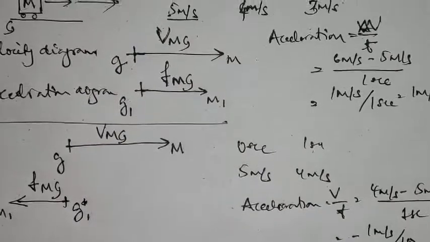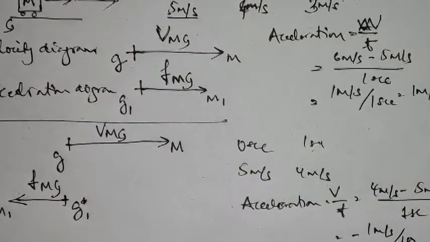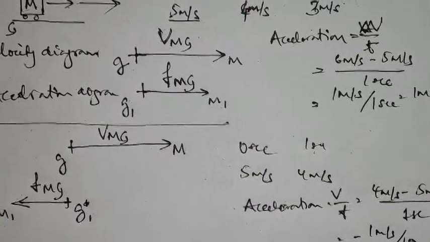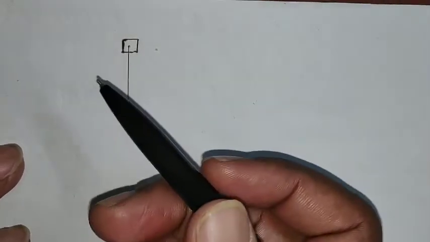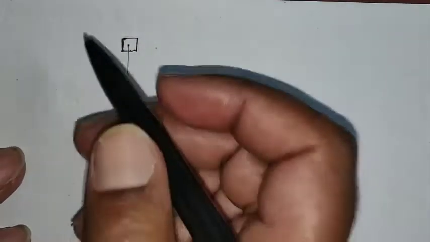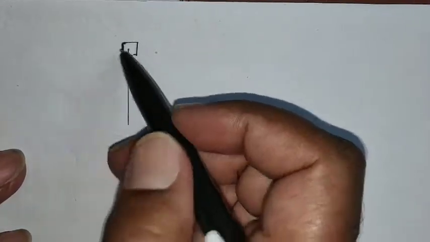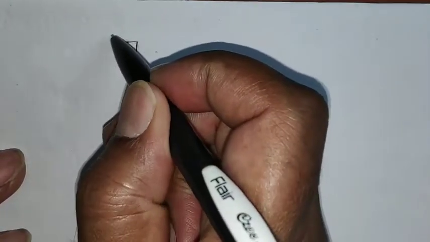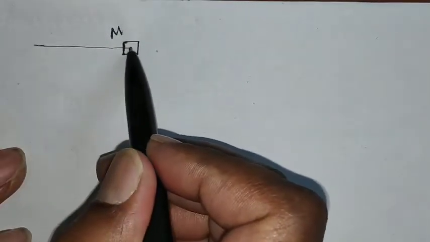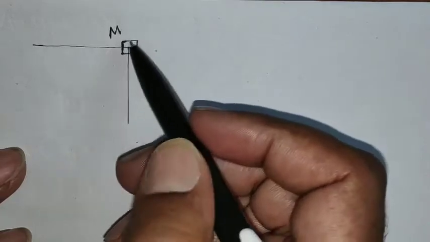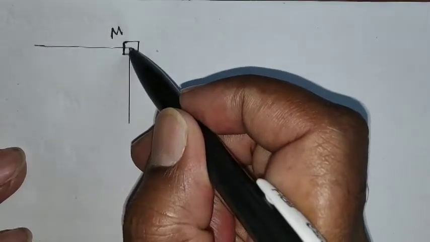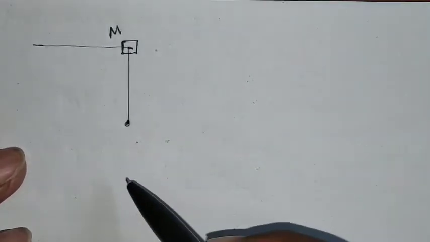Now we will try to understand the acceleration along a circular path. Okay, to understand the acceleration along a circular path, let us imagine the same body m, which was earlier moving along a straight path like this, suddenly made to move along a circular path about this midpoint.